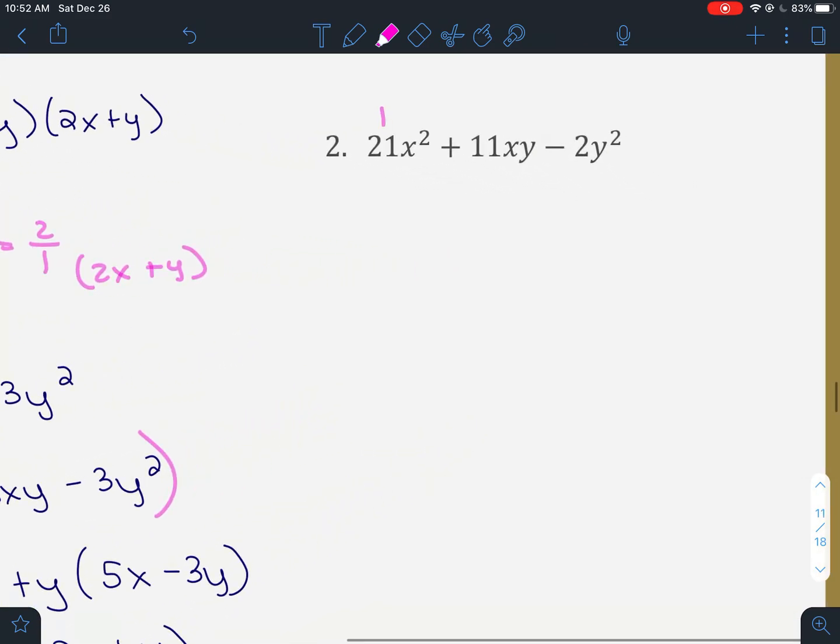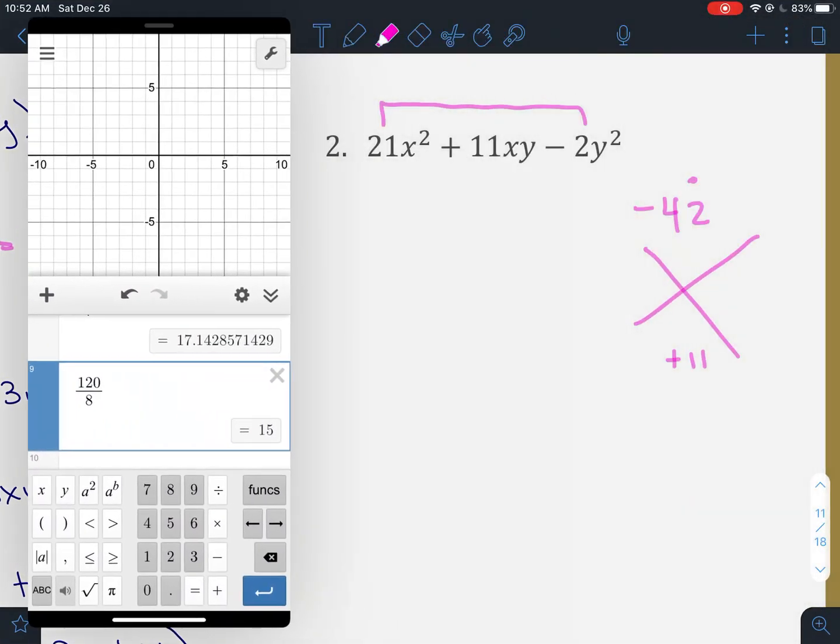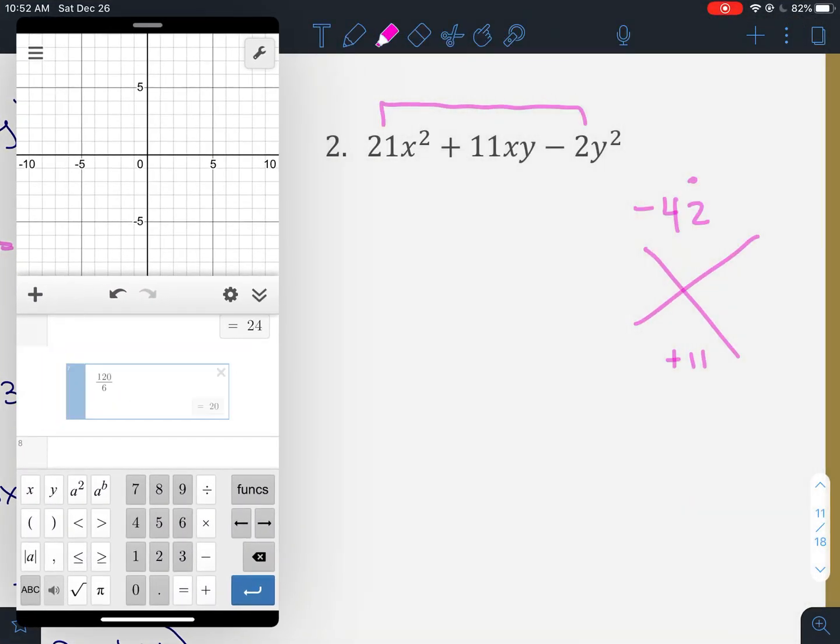All right, so 21x squared plus 11xy minus 2y squared. So a times c, I would get multiply to negative 42 and add to positive 11. So what would multiply to negative 42 and add to positive 11?